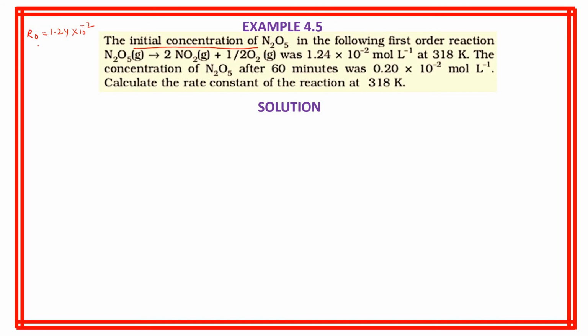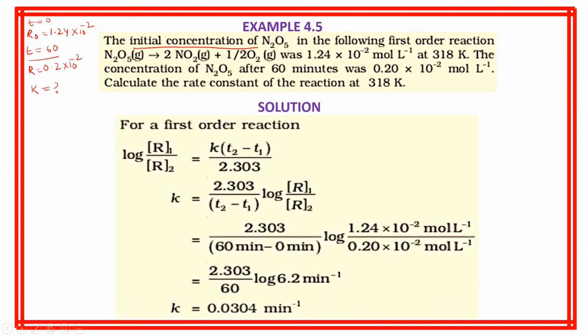At time t equal to 0 minutes. Now at t equal to 60 minutes, the given concentration of R is 0.2 into 10 to the power of minus 2. Now what they are asking is the rate constant.